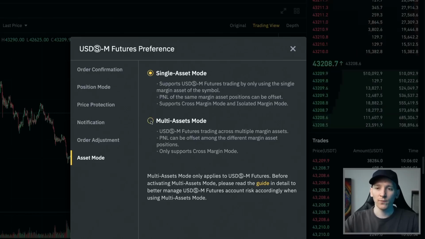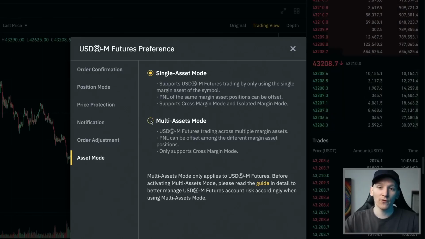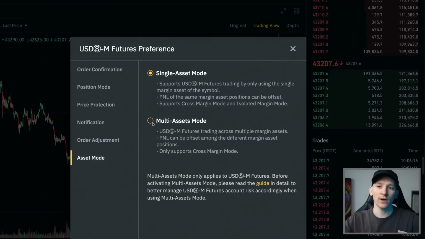Multi-assets mode is where you can actually use some other forms of collateral as well in your US dollar tether margined futures account, and the dollar value of them is going to be used to fund positions as well. So instead of trading out of them into dollars, you can use the dollar value of them to margin positions.